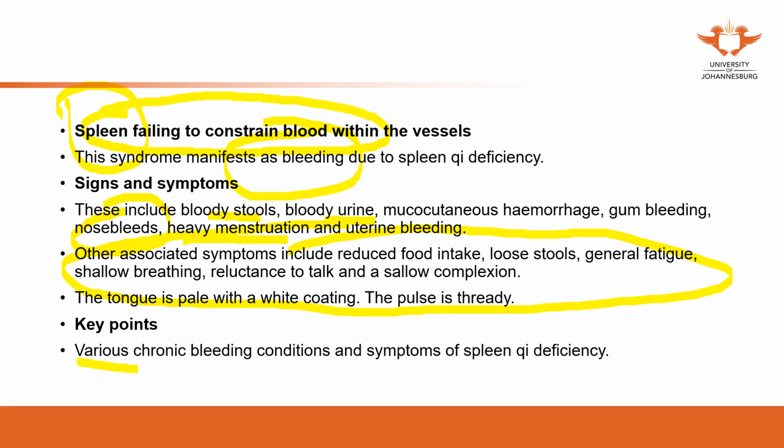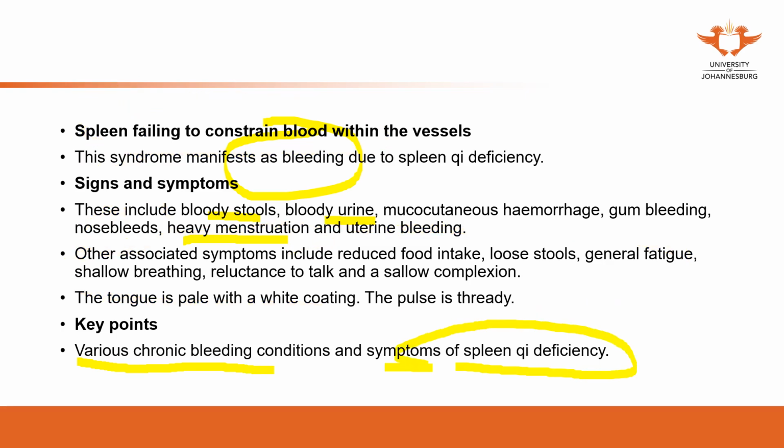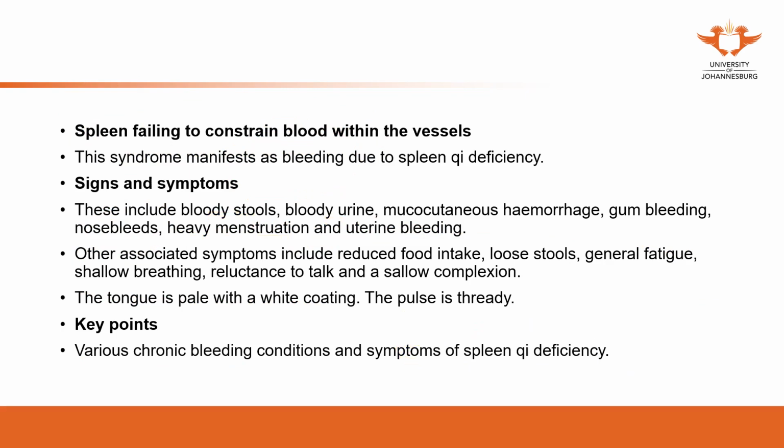So various chronic bleeding plus symptoms of spleen qi deficiency. That's the manifestation of the spleen failing to constrain the blood within the vessels.